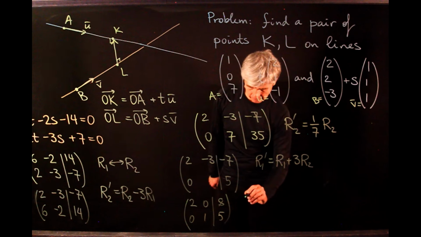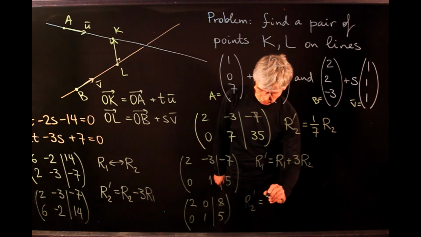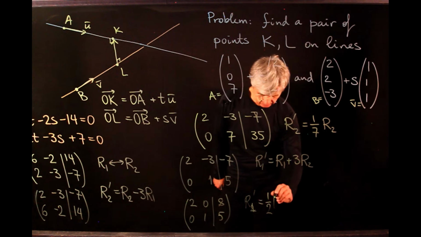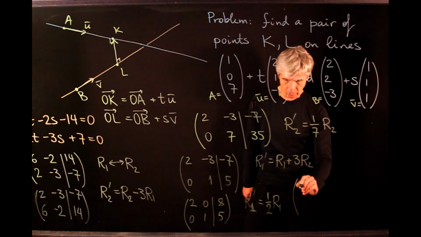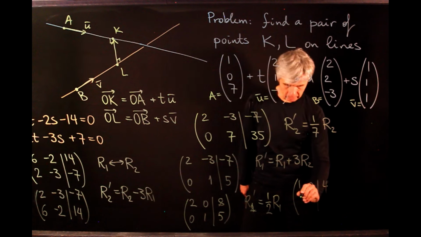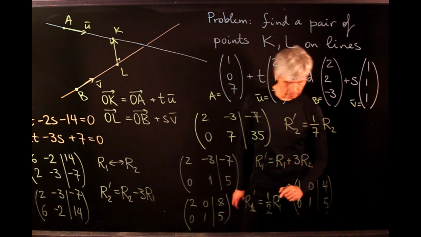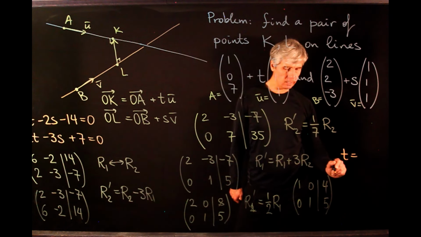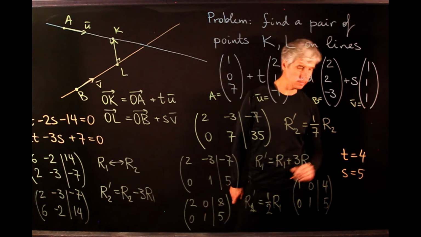And the last step is we say R1 prime is equal to 1/2 of R1. And the final matrix will be 1, 0, 4, 0, 1, 5. So this tells us that the solution has t equals 4 and s is equal to 5.